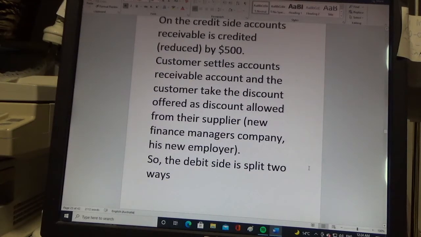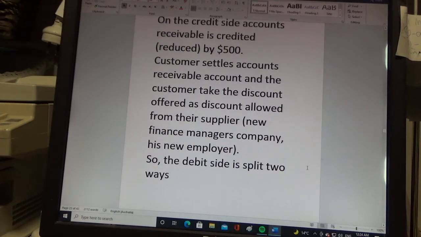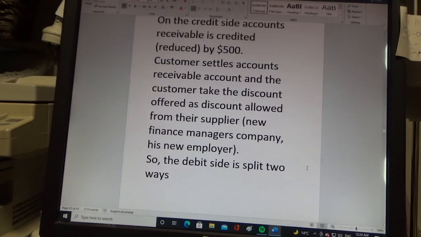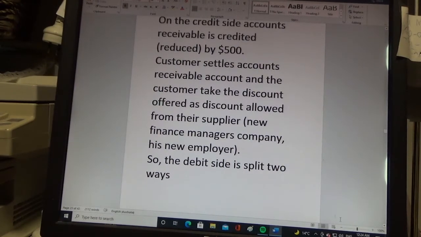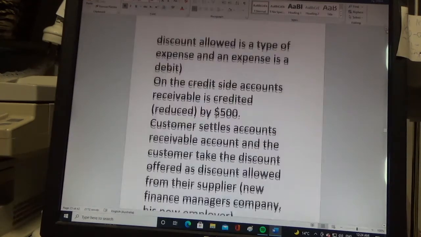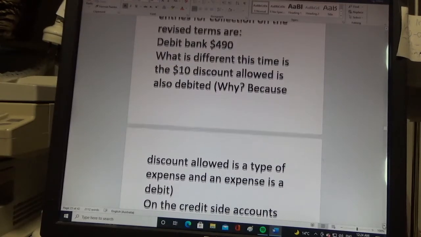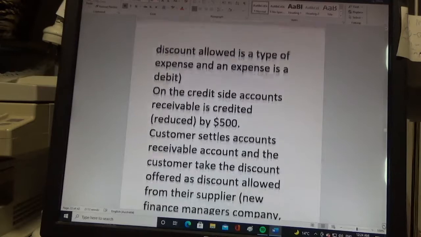So you're splitting it in two. On the credit side there's only one, but on the debit side the amount of 500 is split between two items, both discount allowed and also the other one, which is bank, the incoming cash when the accounts receivable account is settled.